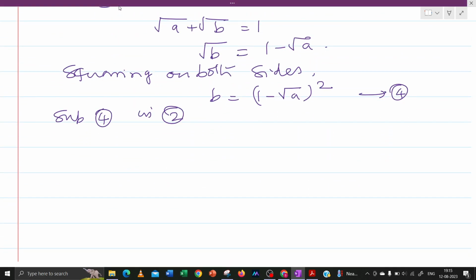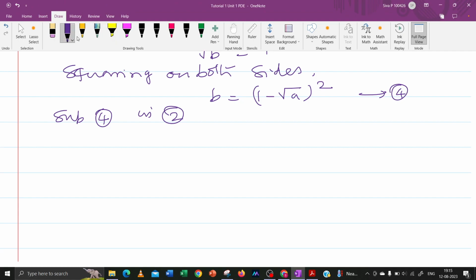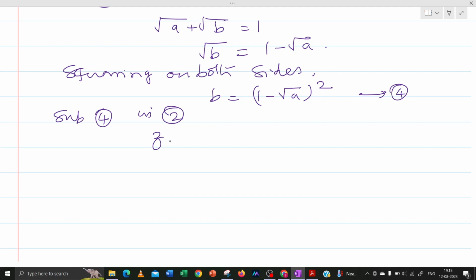Therefore, what is the complete integral here? You can write it. Complete integral is z equal to ax plus by, is it not so, b is (1 minus root a) whole square, plus c, which is the required complete integral.